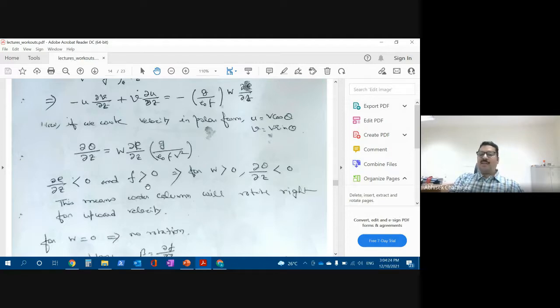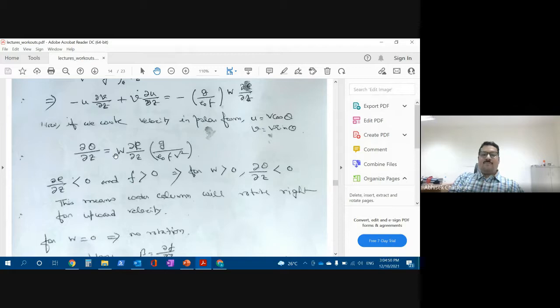And assuming we are in the northern hemisphere, f is positive. F is positive, g is positive, V square is anyway positive, rho naught is positive, so this is a positive value. Del rho del z is a negative value.